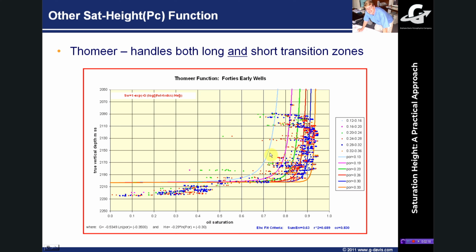And you can see that the Tamir function within one equation can cope with a range of curvature. So you've got a varying degree of curvature with rock quality, which is a nice feature, and it often stops a lot of arguments when you present this kind of stuff to reservoir engineers, because intuitively it looks more like a set of core capillary pressure curves that they're used to expecting to see.